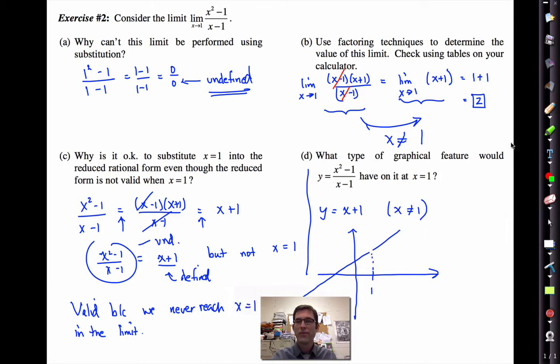So it's got a hole at x equals 1. The fancy term for that is a removable discontinuity, but we'll talk more about those later.